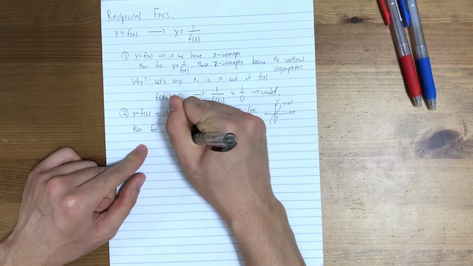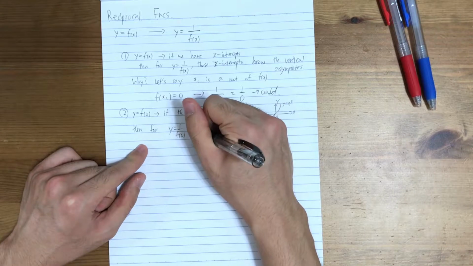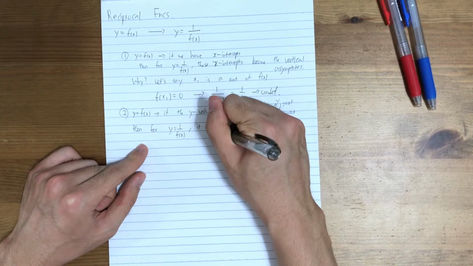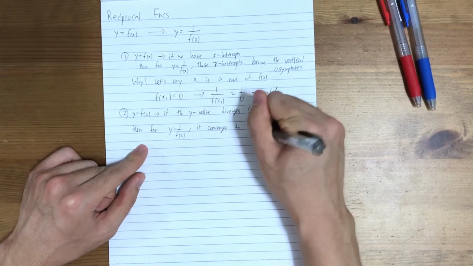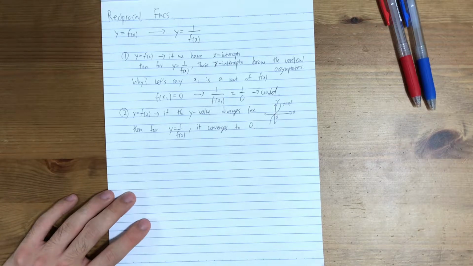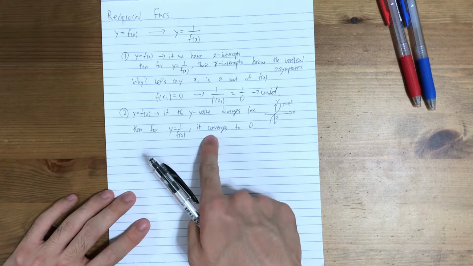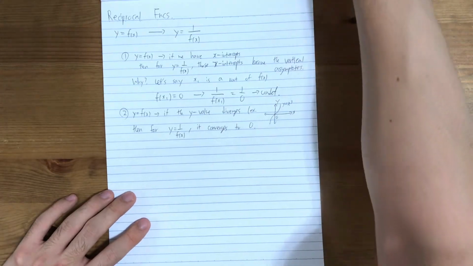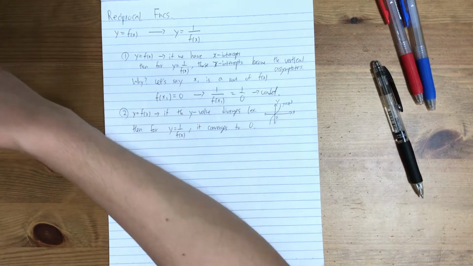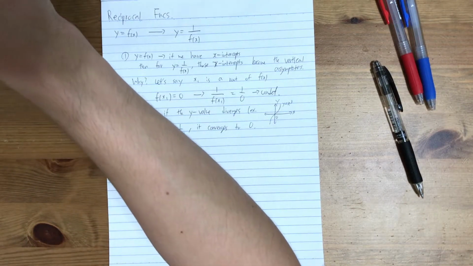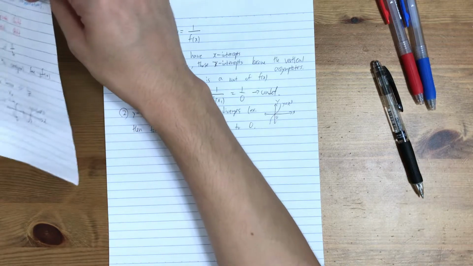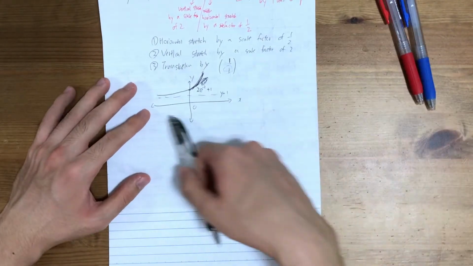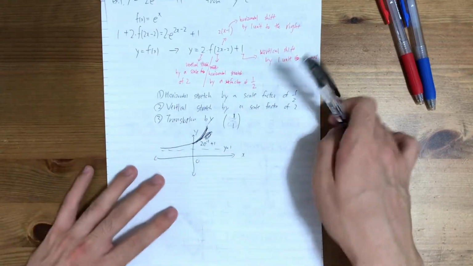for the reciprocal function, it converges to 0. So what it means by converges is something like this, the thing that we learned. So remember the graph of this exponential function.